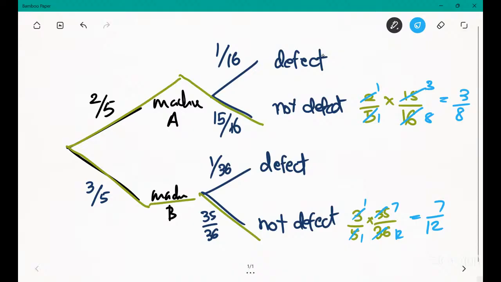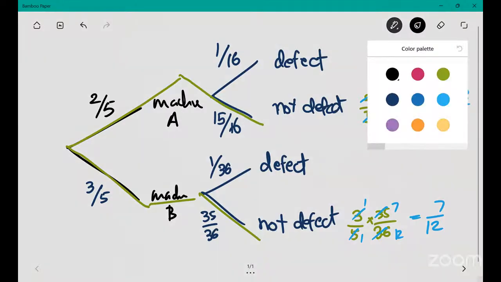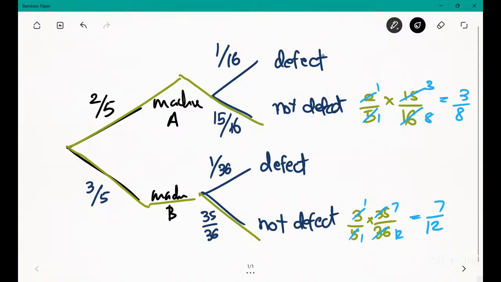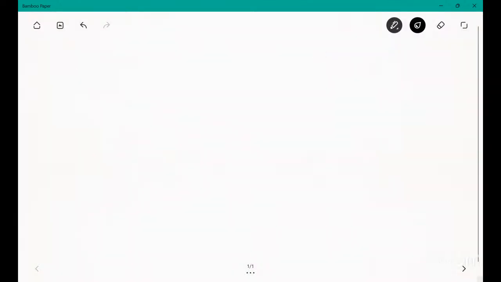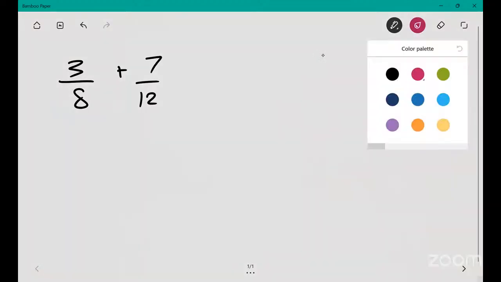So now this is not defect for each, but here they're asking, so we have to find the total. So one is from machine A, one is from machine B. So totally what we have to do is add the fractions. So 3 over 8 plus 7 over 12. Here you can see the denominators are not the same. So I have to multiply to get a common number.